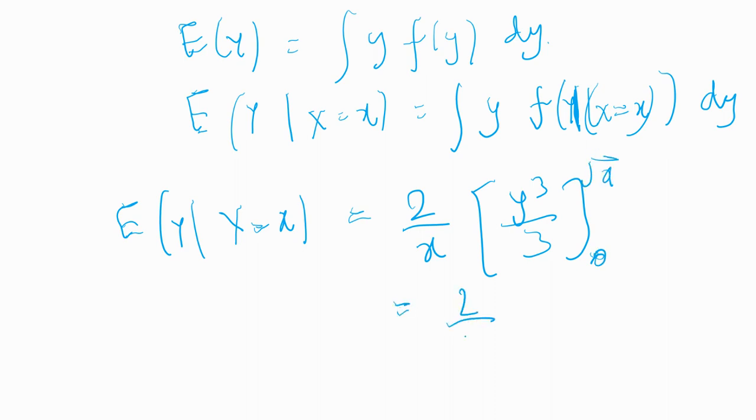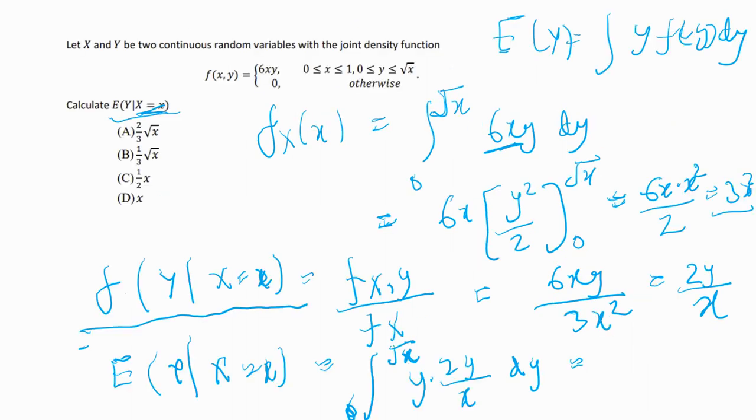This one will be x root x divided by 3. At 0 it will be 0. So x will be cancelled out. Ultimately, we will have 2 root x upon 3. That's the answer.